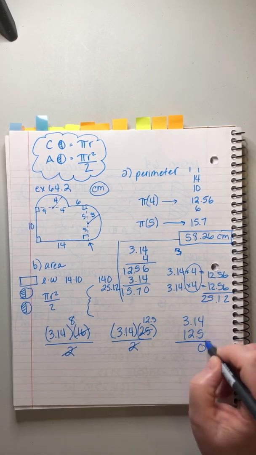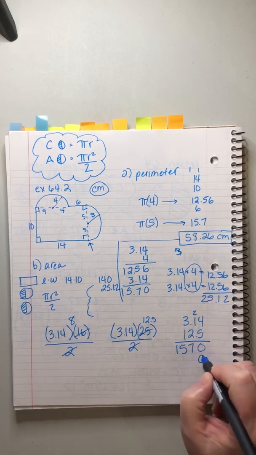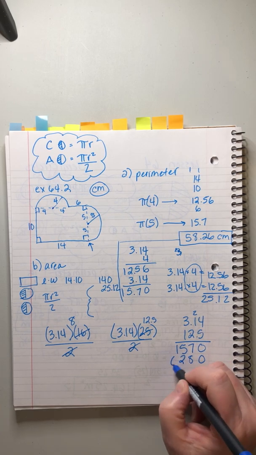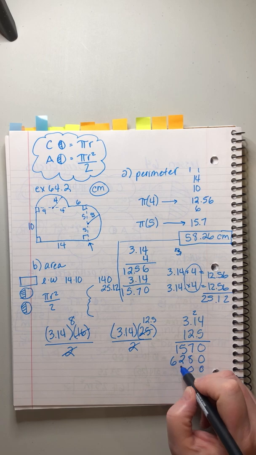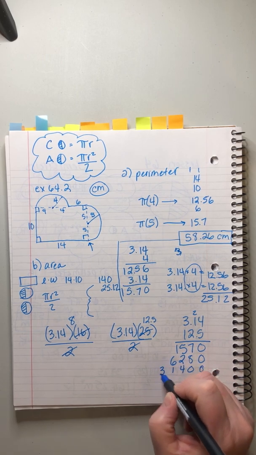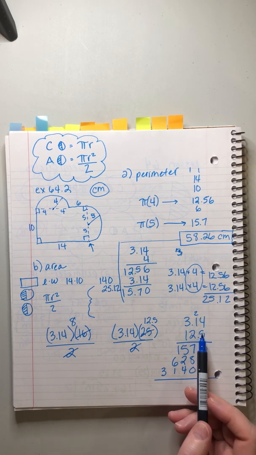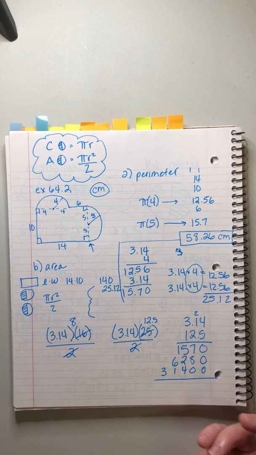5 times 4 is 20. Put in a 0, do the next row. Put in 2 zeros, and then get the third row. Does that make sense? What I like about this multiplication too is these are all pretty easy things to multiply by. I like to keep the numbers simple. You know how that is.